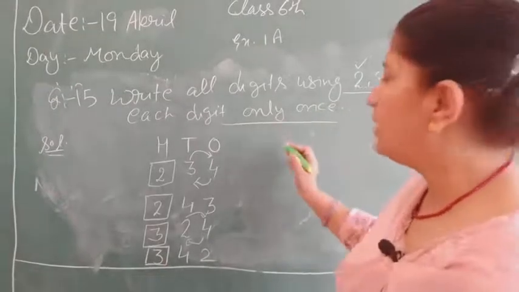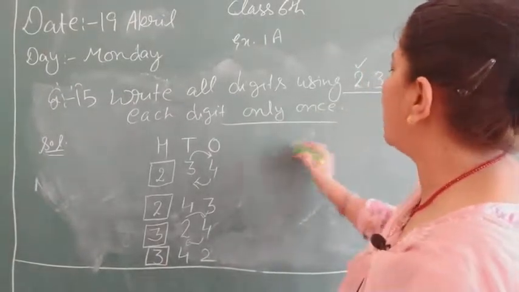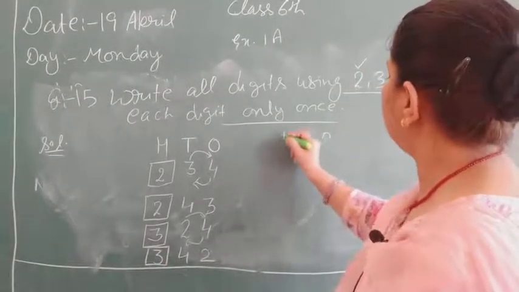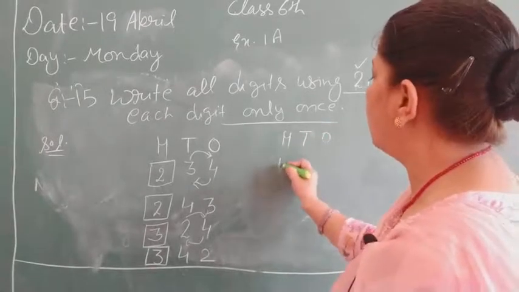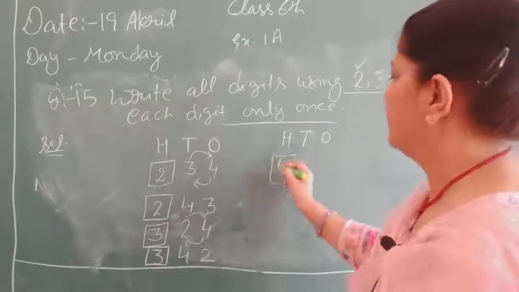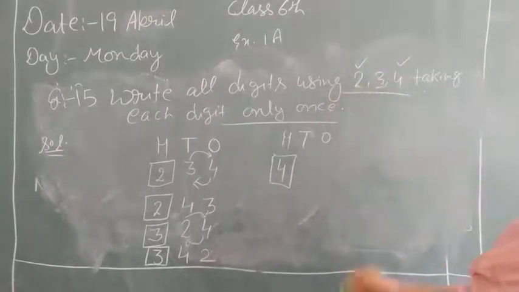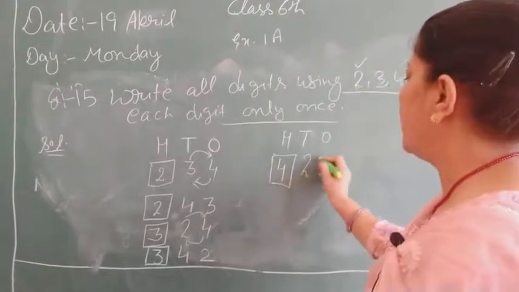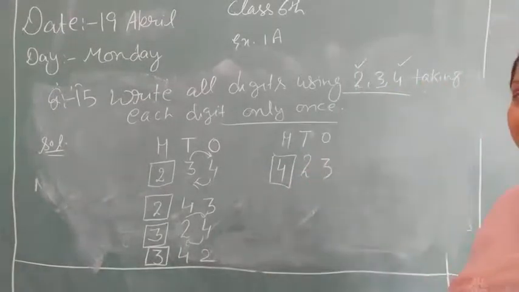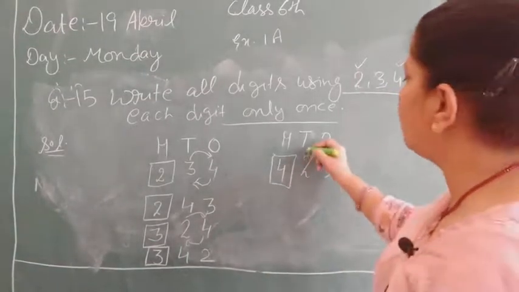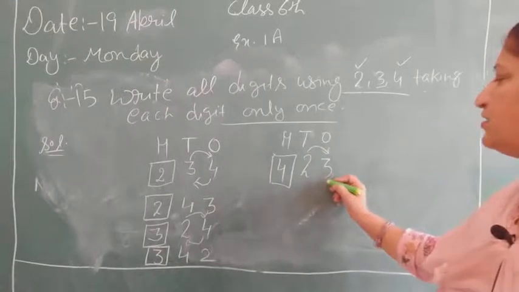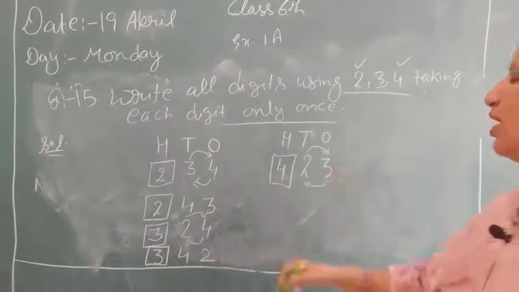Now one digit is left for the 100 place. We fix 4 at 100 place. After that, our remaining digits are 2 and 3. So we write here 2 and at ones place we write here 3. Again we follow the same process, changing the digits at tens and ones.